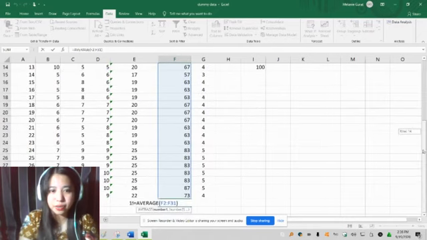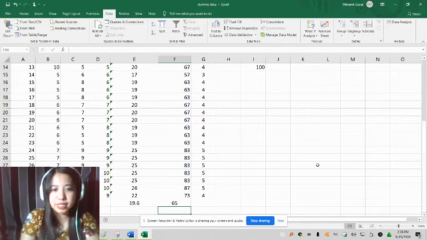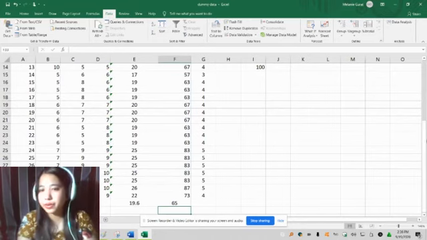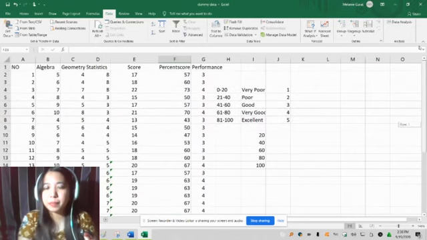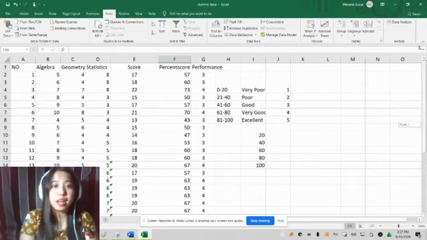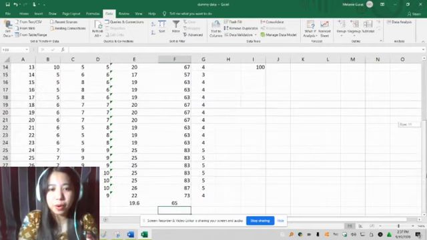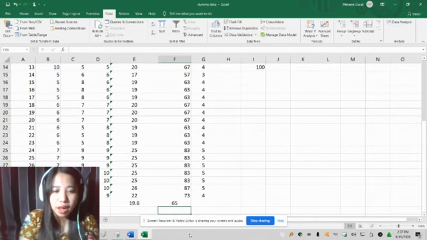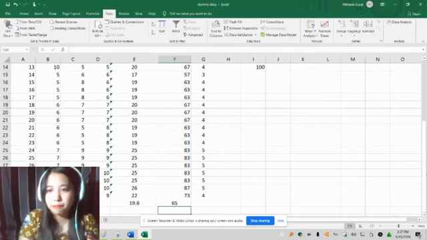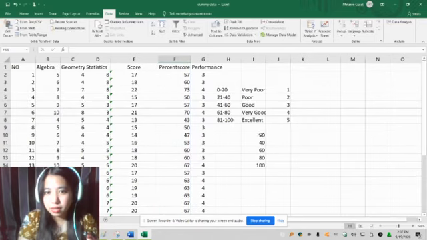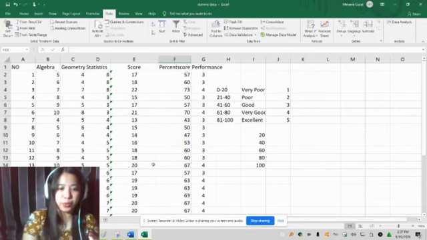So let us just correct. So actually, it's okay not to consider the score anymore. It is fine if you're going to consider the percent score. Anyway, the percent score is the basis for you to determine the level of performance. So the performance of the students, if the average is 65, it is very good.